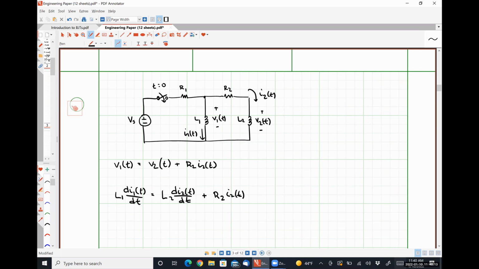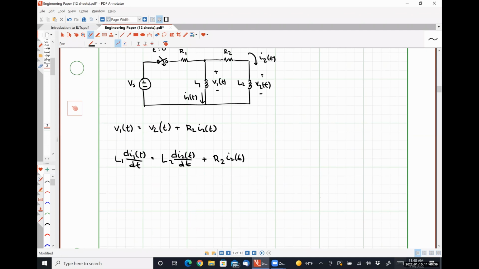There's nothing remotely wrong with that, except that the voltage drop over R1 isn't Vs, because this terminal of R1 isn't shorted to the negative terminal of the voltage source. So it should actually be Vs minus V1, the total voltage drop over R1, divided by R1, is equal to I1 plus I2.